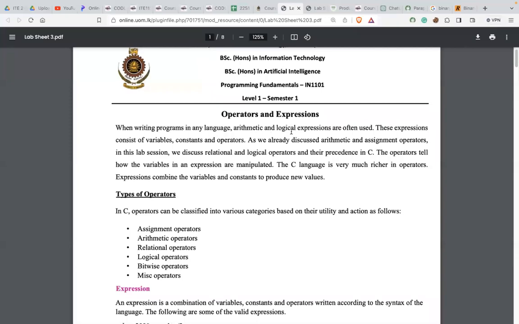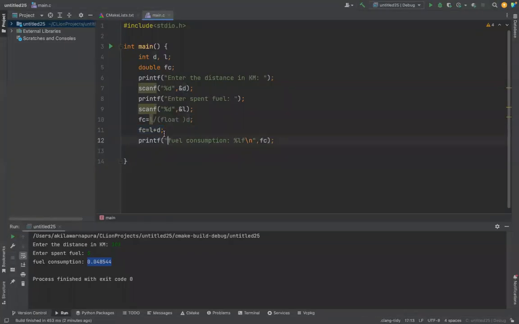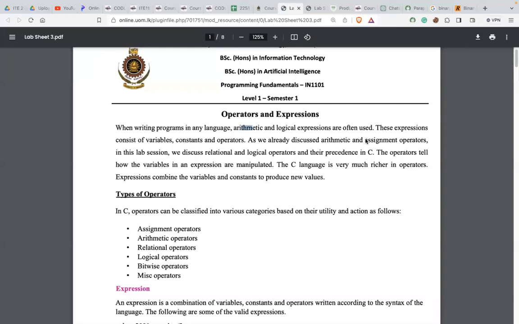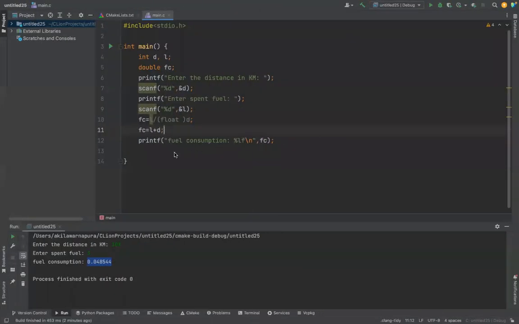I will come to what a logical expression means. Arithmetic means you can do plus, minus, division, multiplication. Those things we often use. These expressions consist of variables, constants, and operators. What does it mean by variables, constants, and operators?